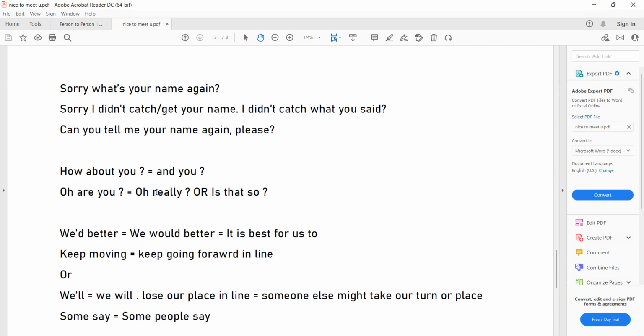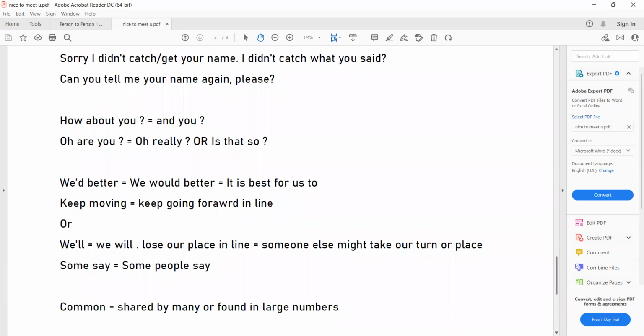Okay, it's an expression of, let's say, surprise or maybe admiration, it differs. "We'd better" is shortened, and the full form is "we had better." That means it's best for us to keep moving. That means to keep going forward in line.